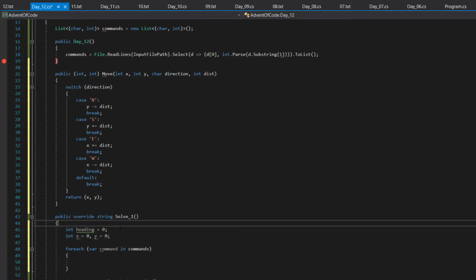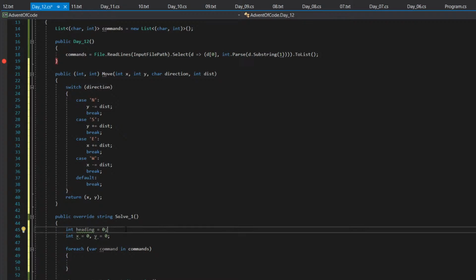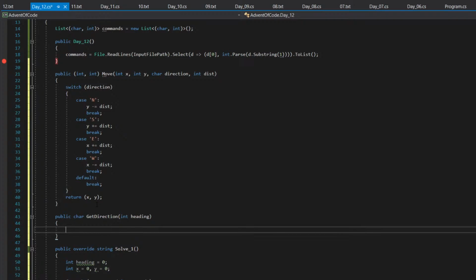So let's change our heading. How do we want to do heading? I guess it can be 0. Let's do this too. Get direction, integer, heading. And we'll figure out the heading from here.